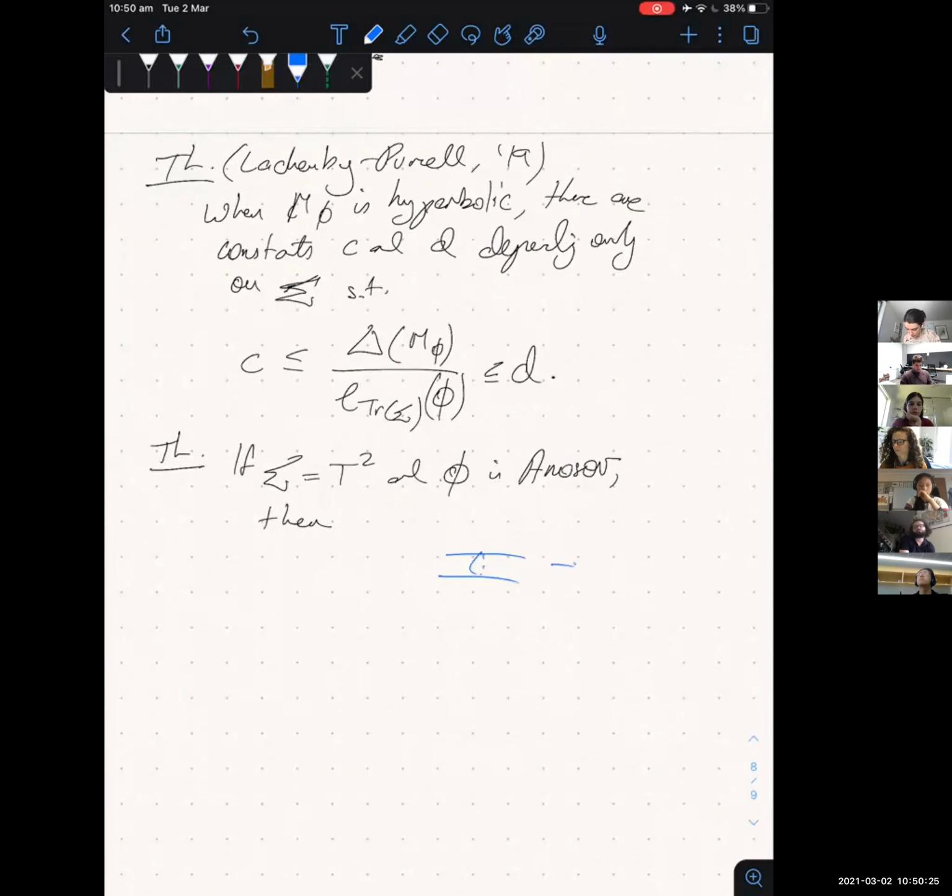So what happens if we compose our homeomorphism with a different homeomorphism, and in particular with this homeomorphism?